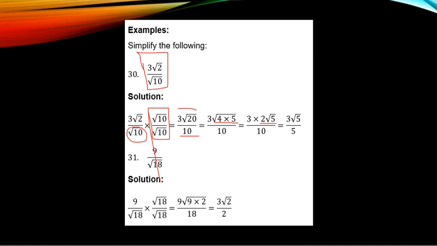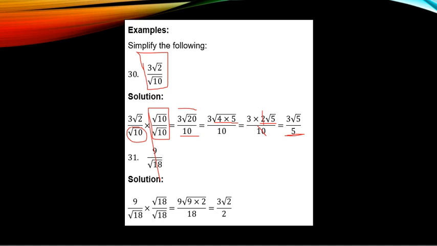Okay, but before we multiply, we see that this 2 can divide this 10, so you are left with 3 root 5 all over 5. You have removed the irrational number or changed it to rational number. That is how surds are being divided.